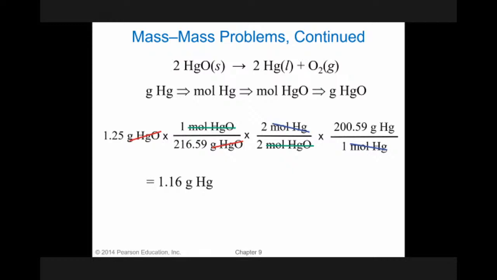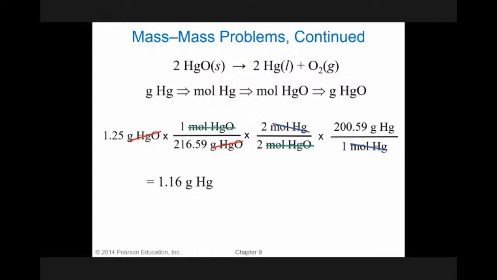Do you see that factor there? 2 moles of Hg. You don't see oxygen there. They're not asking for oxygen. Oxygen is part of the equation, but the problem is asking for mercury. So we're going to go, what is the ratio between the mercury and the mercury oxide? That's very, very important. That's the reason why the equation must be balanced properly. So that ratio is 2 moles of mercury to 2 moles of mercury oxide.